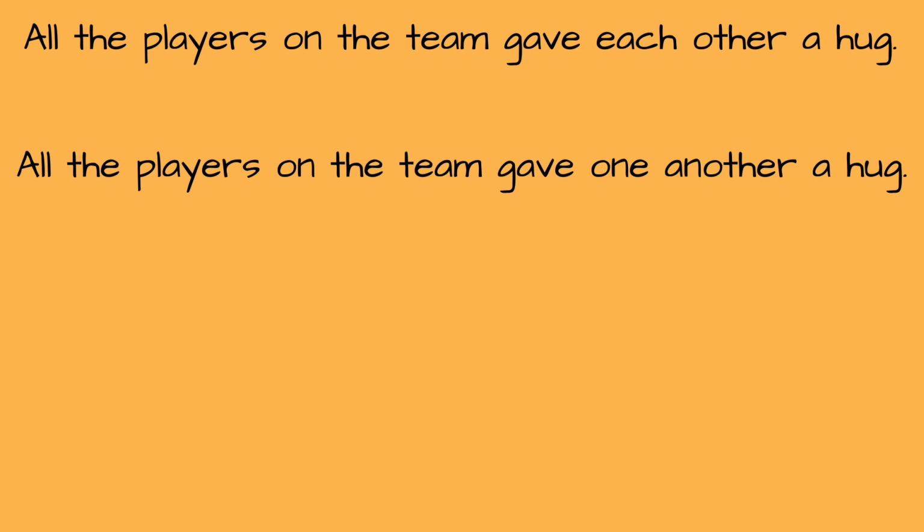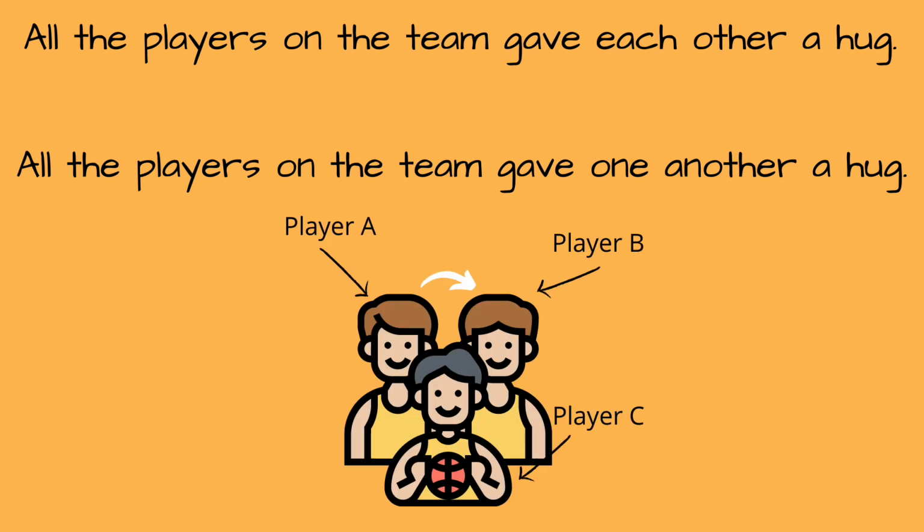All right, so let's say there were 3 people on the team, player A, B, and C. If all the players on the team gave each other a hug, or everyone on the team gave one another a hug, then that means that player A hugged player B, player A hugged player C, and player B hugged player C. Everyone on the team hugged everyone on the team.